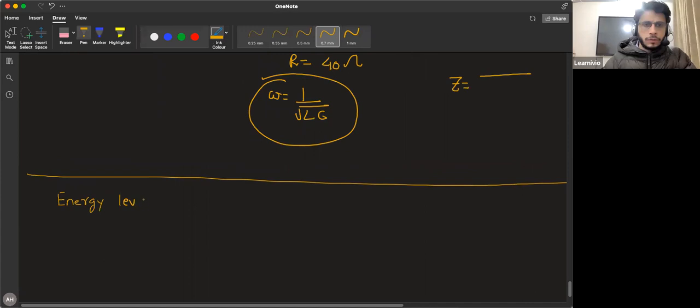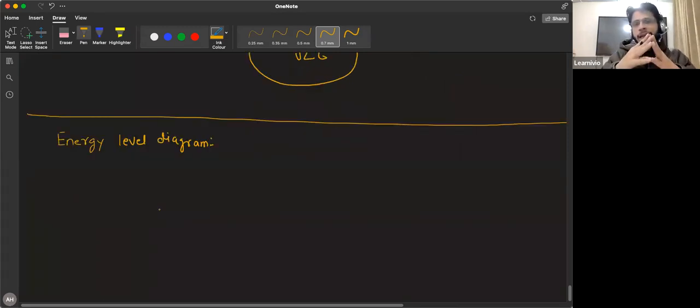Energy level diagram means you are plotting the energy of each orbit.